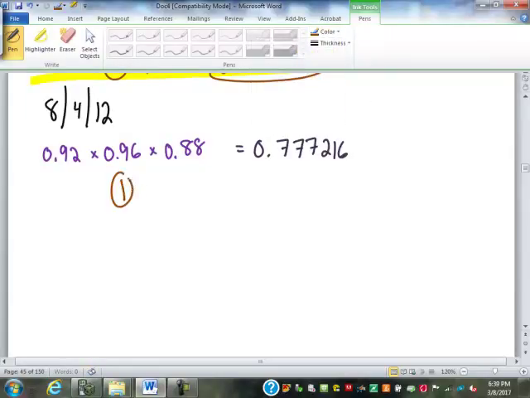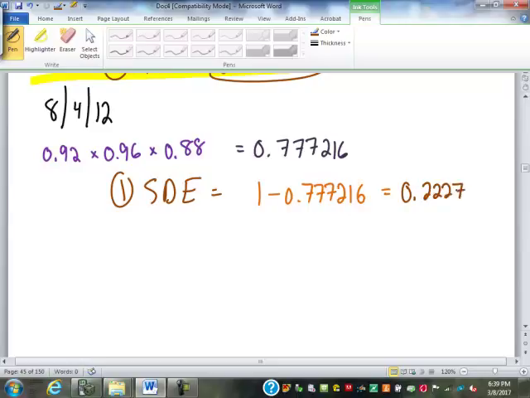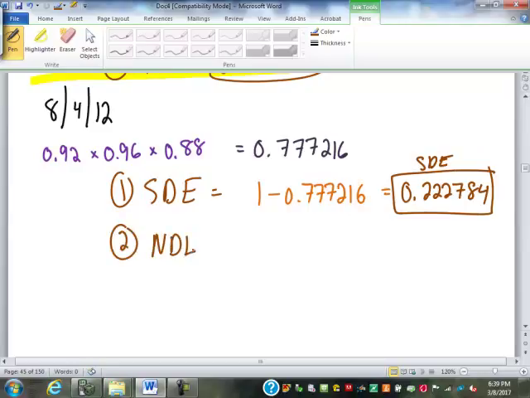So then to get our single discount equivalent, it is going to be 1 minus 0.777216, otherwise known as 0.222784. Single discount equivalent. The net decimal equivalent is 0.777216. Any questions on those?